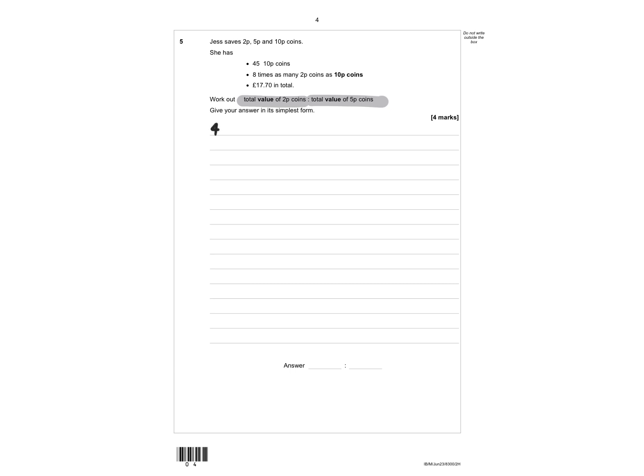So if we have 45 10p coins, that means we have 450 pence, or £4.50. Now, if we have 8 times as many 2p coins as 10p coins, that means we have 8 times 45 2p coins. So 8 multiplied by 45 gives us 360.